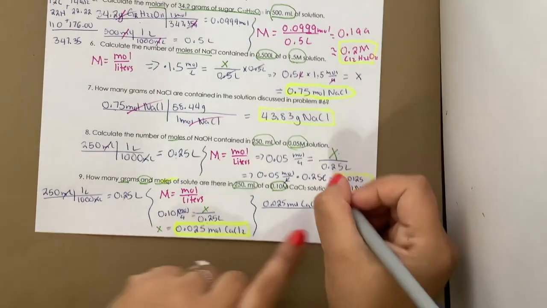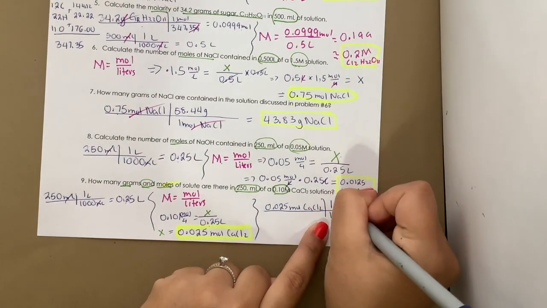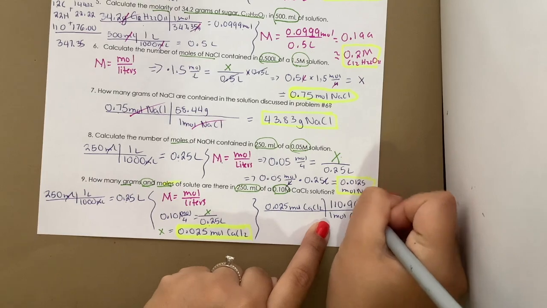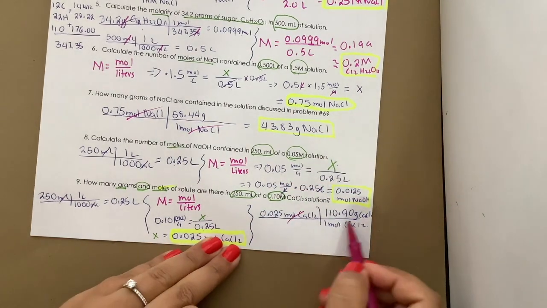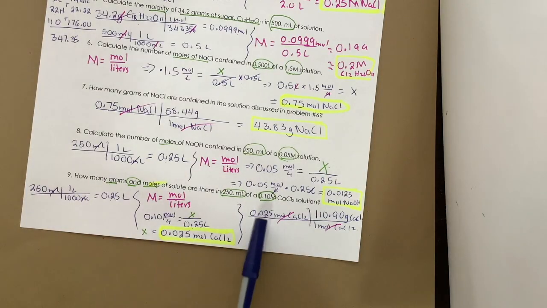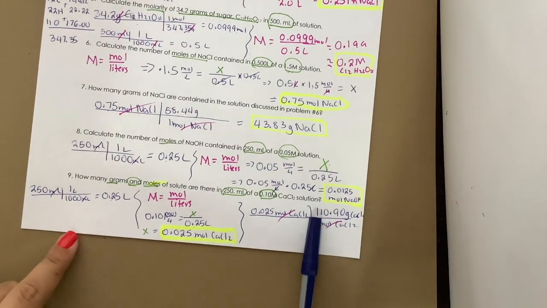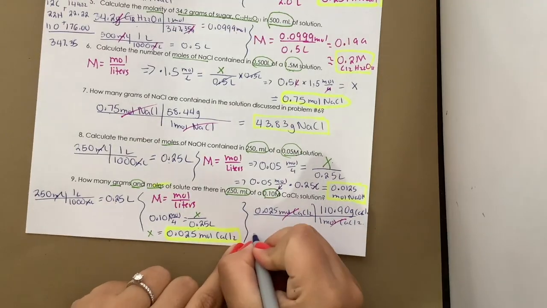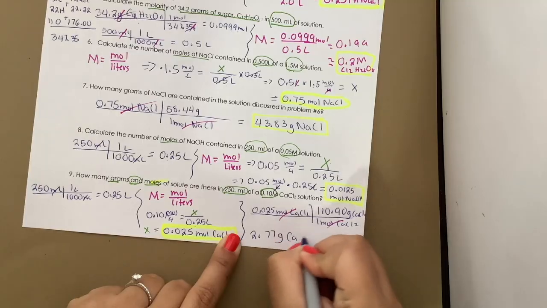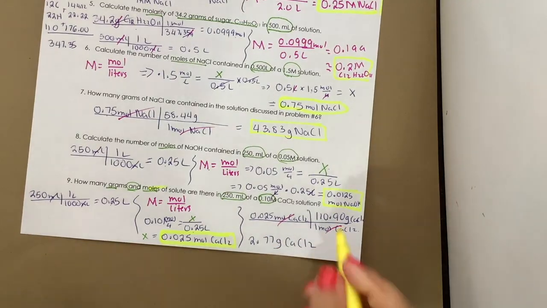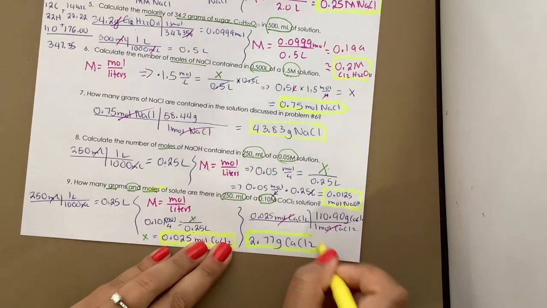I add those two and I get 110.98 grams CaCl2. The moles get canceled out, and when I multiply 0.025 times 110.90, I get that I have 2.77 grams of calcium chloride. That is my second answer, and I'm done.